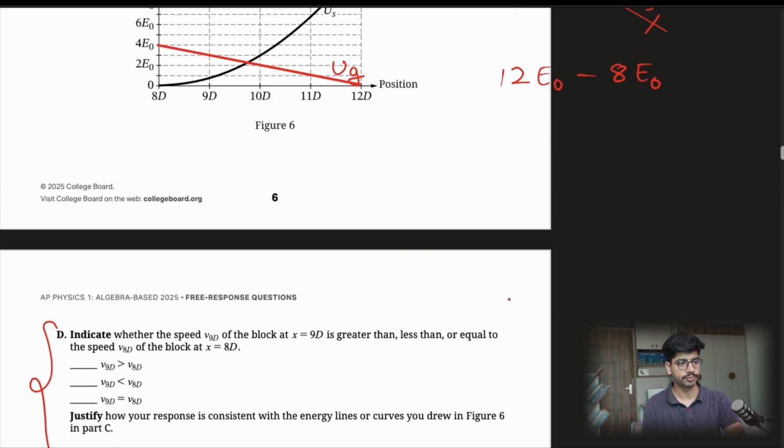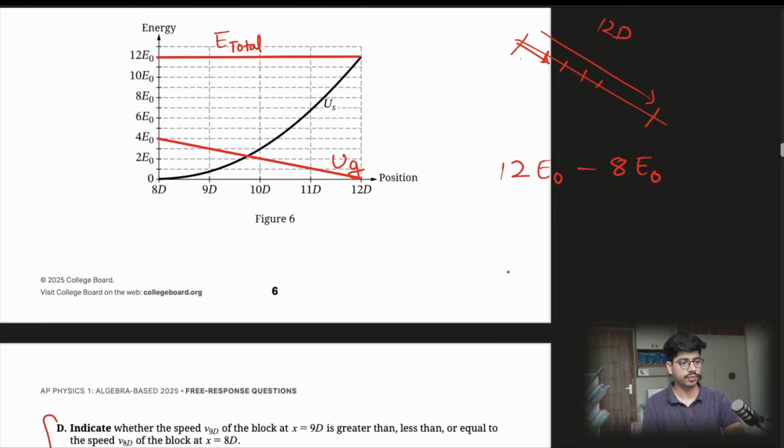So they're asking, is it at 9D or 8D where the velocity of the particle is more? The velocity is determined by the kinetic energy. So where the kinetic energy is greater, there you can say the velocity will be greater. So we have to look at the kinetic energy.